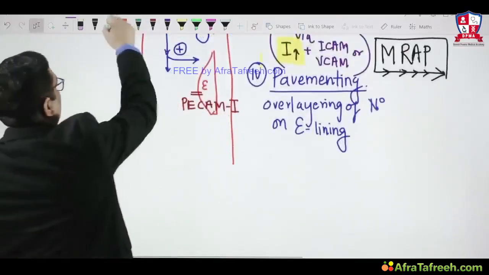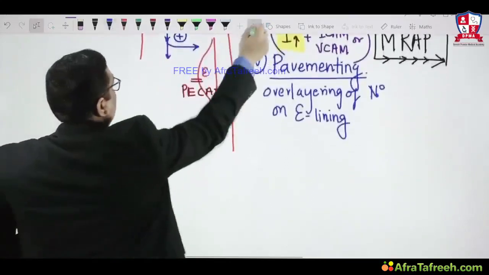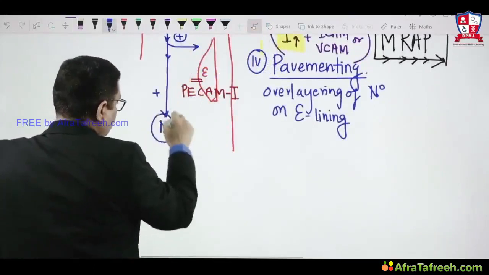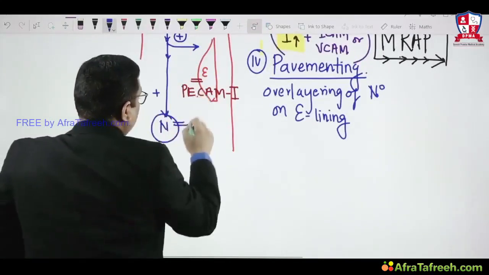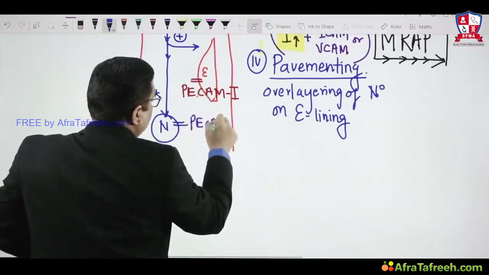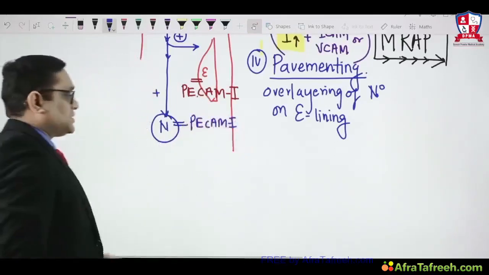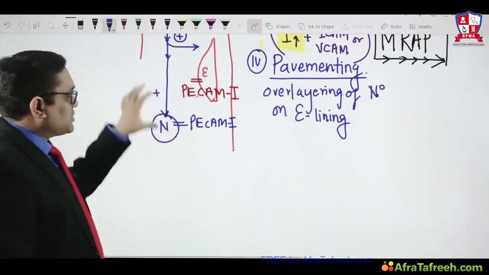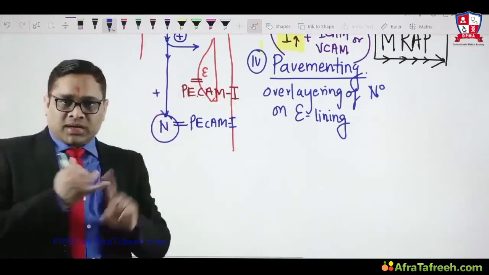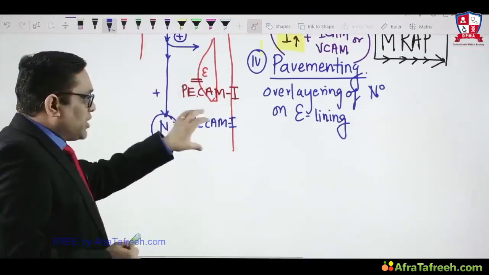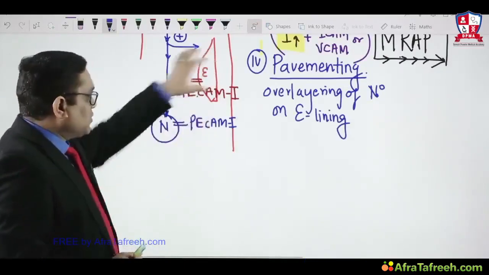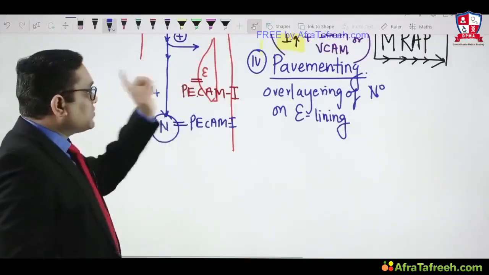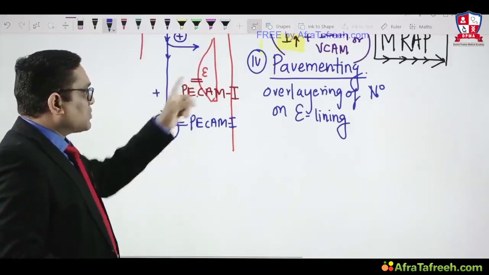The same cytokine will activate neutrophil also, and neutrophil will also express the same PECAM-1. Try to remember, try to understand: PECAM-1 is an adhesion molecule which is expressed on both endothelium and neutrophil, and the reason is the cytokine. So cytokine is inducing PECAM-1 on both neutrophil and endothelium.